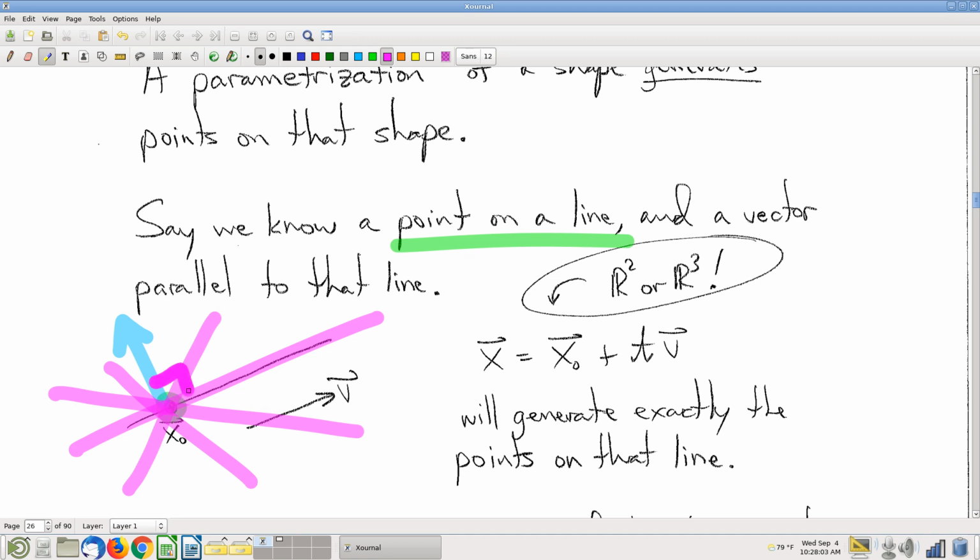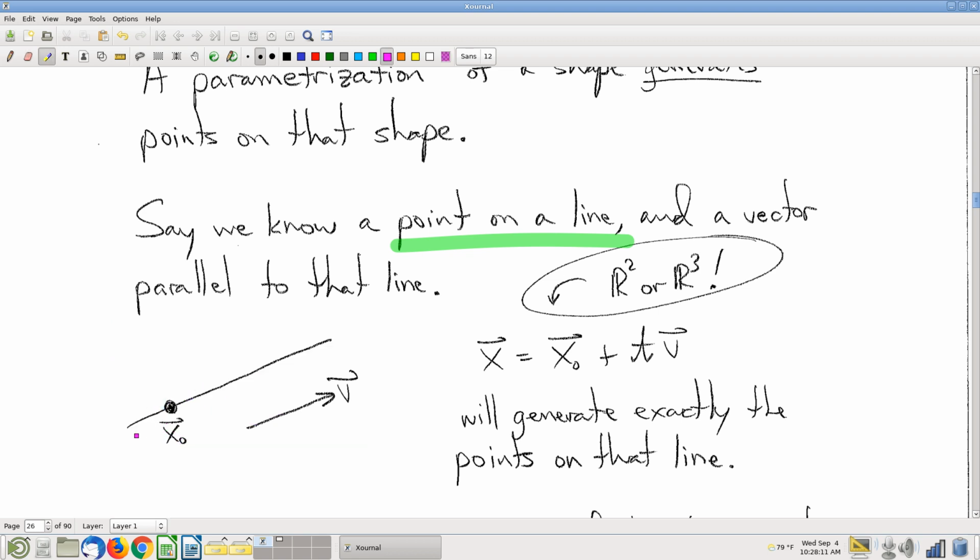Right? If we're in space, we've got sort of different directions in which we could go perpendicular to that blue vector. So perpendicular is not a good way to do this. What we're going to do instead is suppose that we have a point on the line and a vector now parallel to the line. These will be our two objects to describe this line.